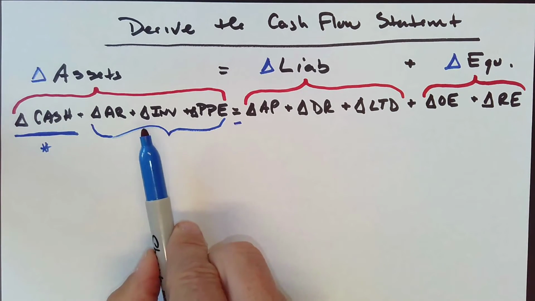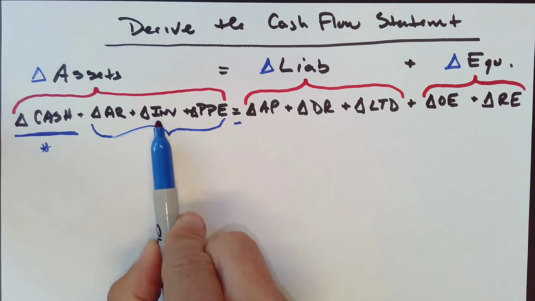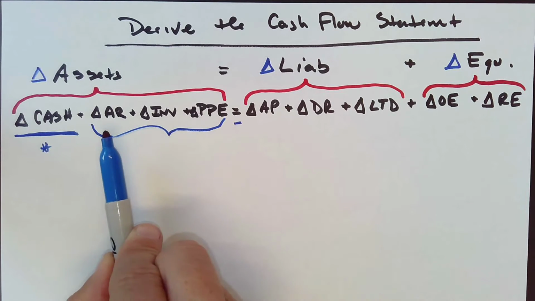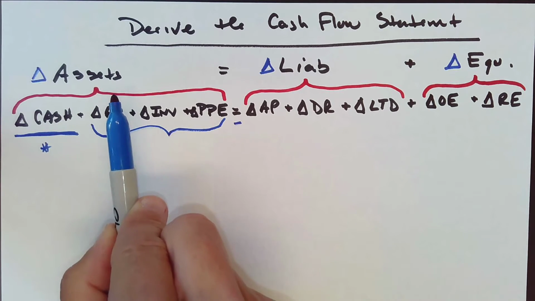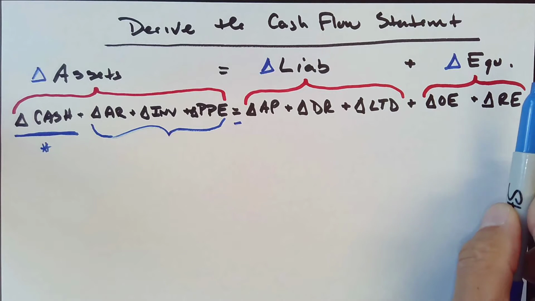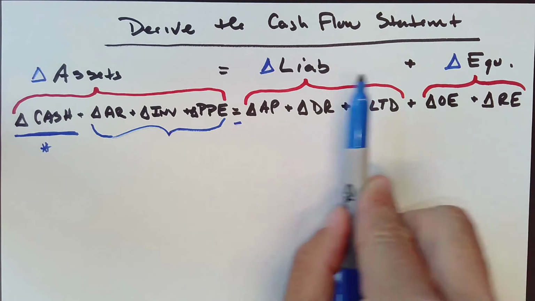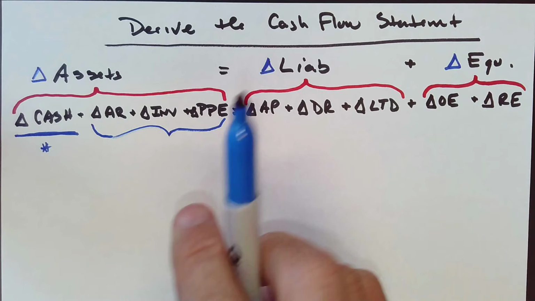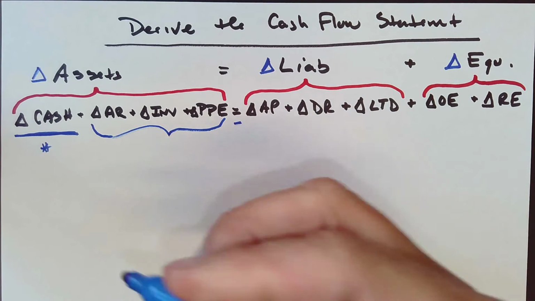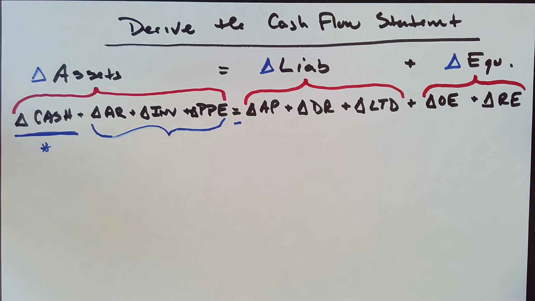So we're going to subtract the change in accounts receivable, inventory, and PP&E. We're going to subtract from this side of the equation and subtract from this side of the equation. So after I do that, this is what I'm left with. This is now the new derived cash flow statement equation.